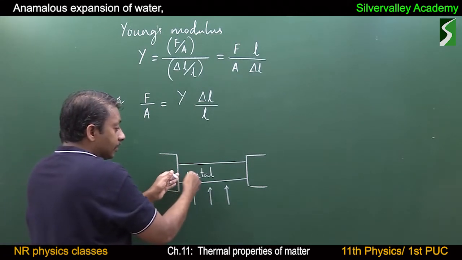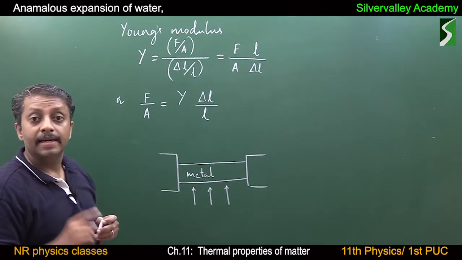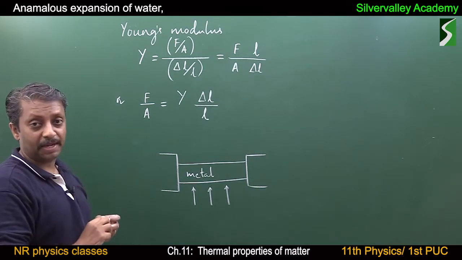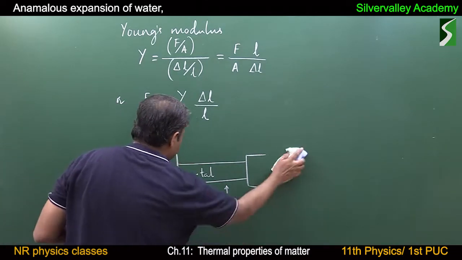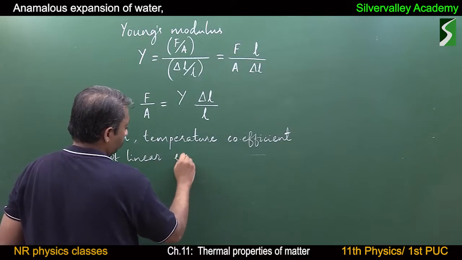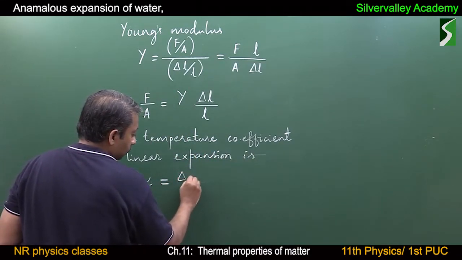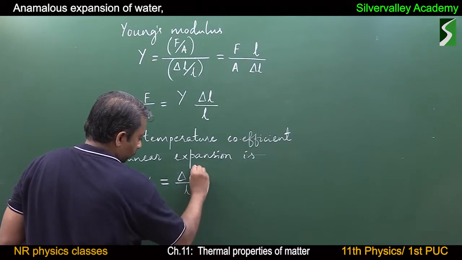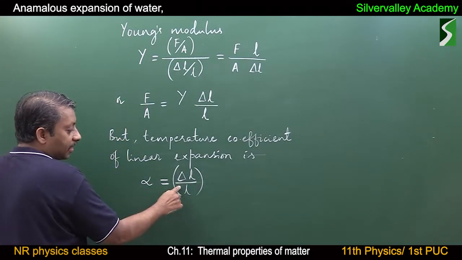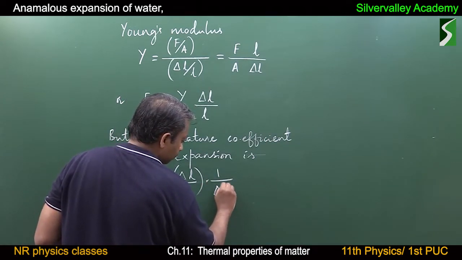We are talking about this length. Expansion in one dimension, temperature coefficient of linear expansion. Alpha equals the fractional change in length for every degree change in temperature.